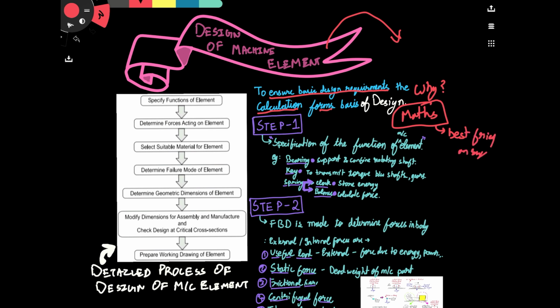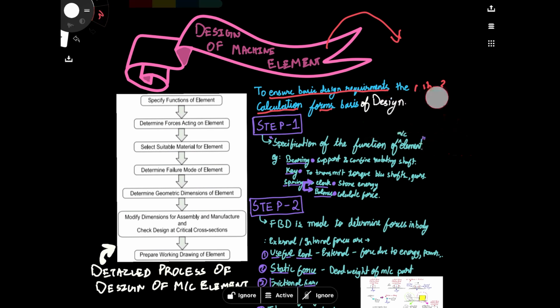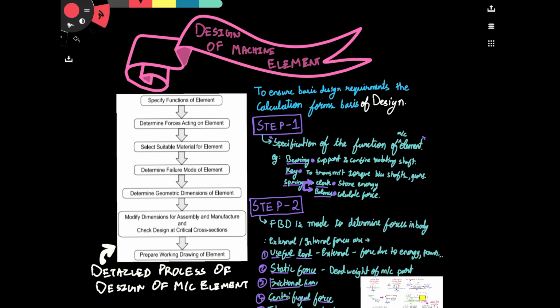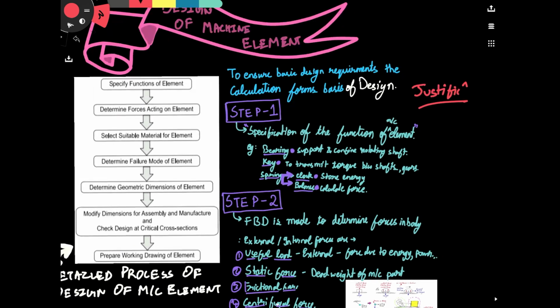You know why? Because mathematics helps in a situation where nothing else can help you. It can give you a mathematical formulation and justification to your design. So for giving justification to your design, you need to do some calculations, and calculations are done on the basis of mathematics.